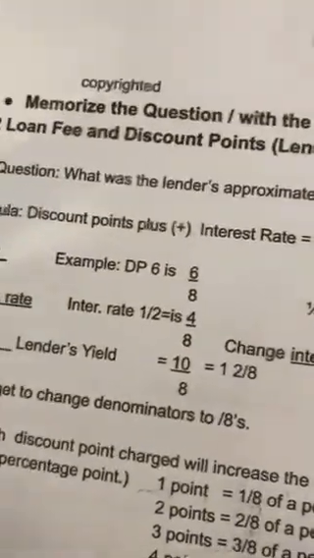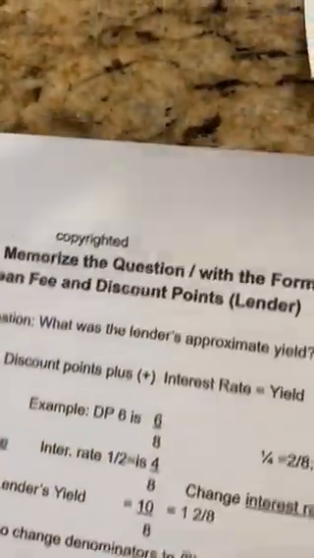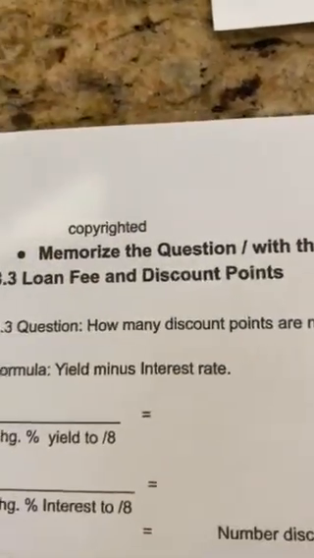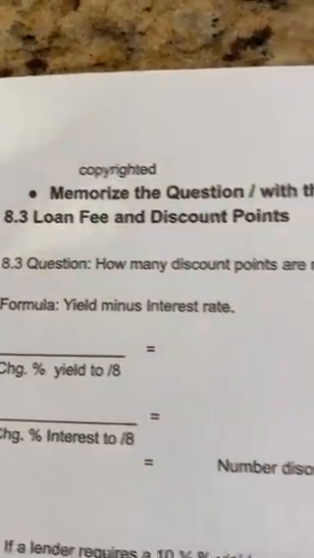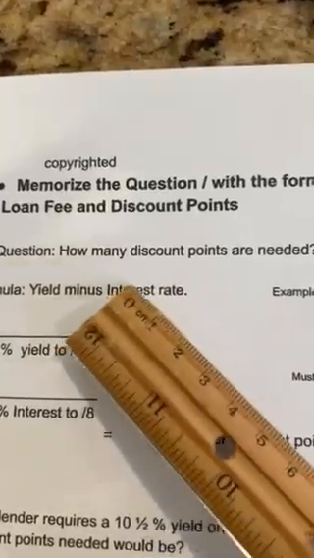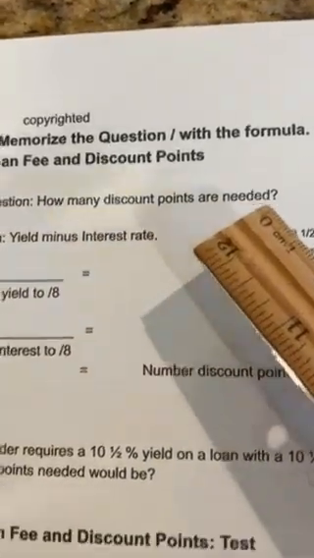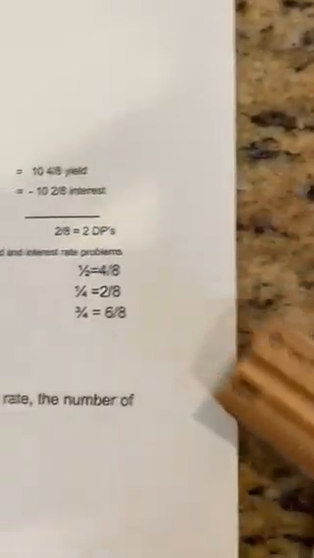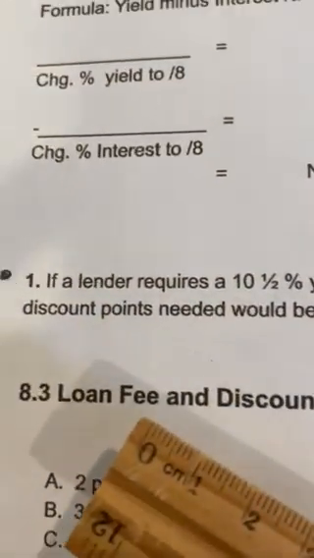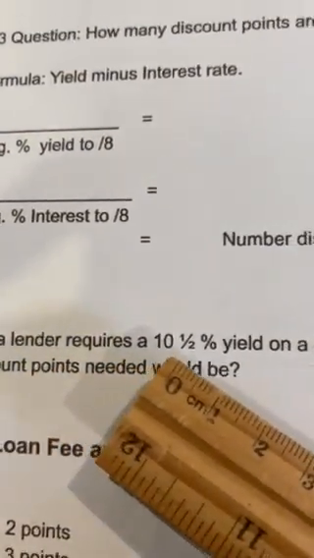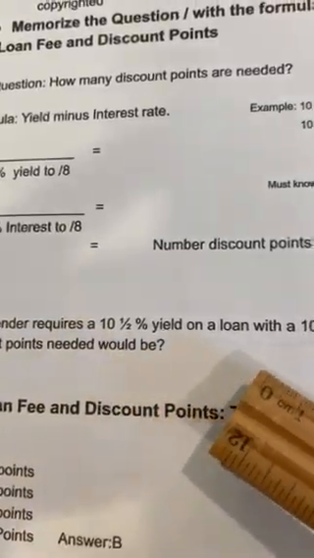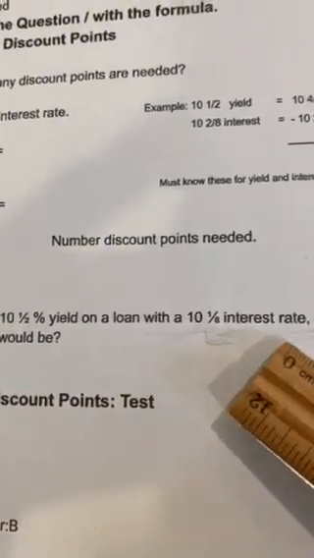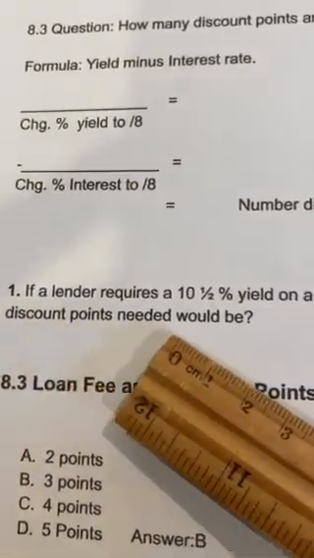Now, let's do another question, and also another problem, on 8.3 of the book, Real Estate Math, Plug It In. The question: how many discount points are needed? If a lender requires a 10.5% yield on a loan with a 10 1/8 interest rate, the number of discount points needed would be... now let's work this problem.